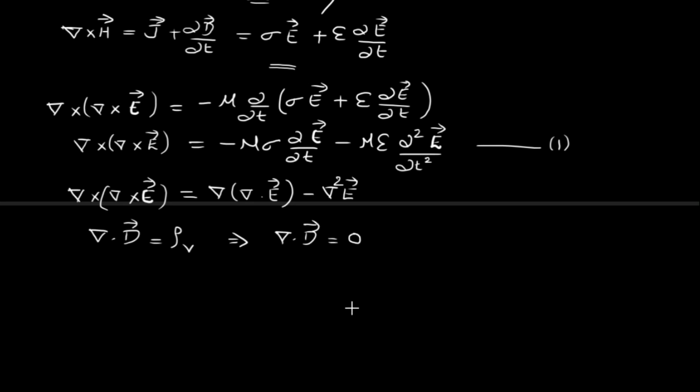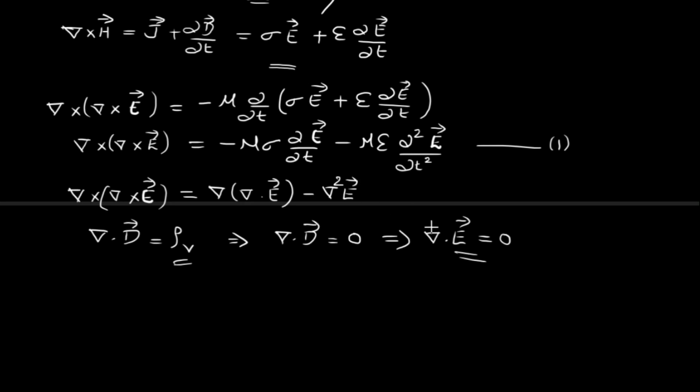Rho V is nothing but volume charge density. There should be charges to form rho V, and there are no charges in that medium, so rho V is obviously 0. So I get that del dot D is 0. When del dot D is 0, this indicates that del dot E is also 0, because del dot D equal to 0 is del dot epsilon E equal to 0. Epsilon cannot be 0, so it directly indicates that del dot E is also 0.